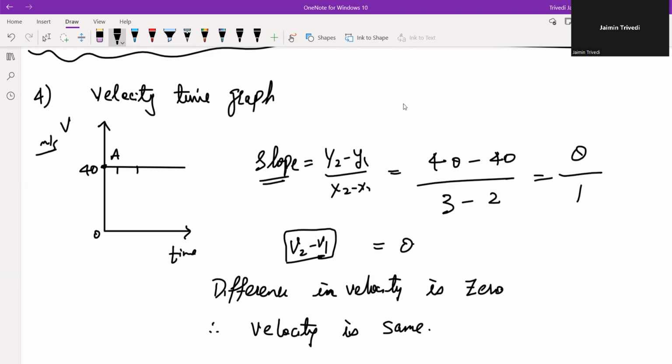How to find coordinates? x comma y. What is the x value at this point?